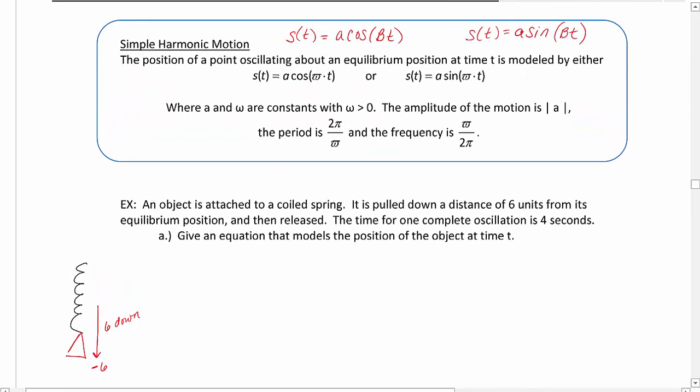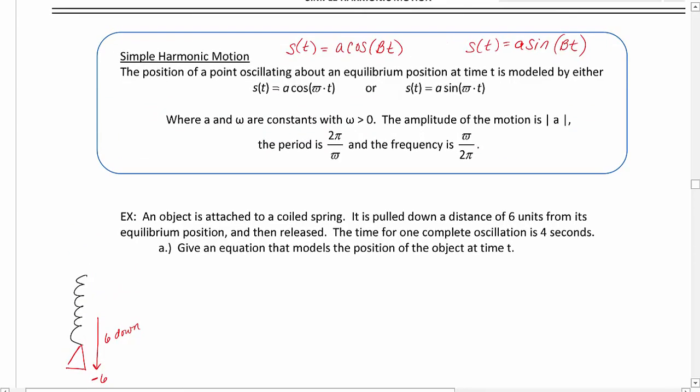When deciding whether you want to use the sine or cosine function to write your harmonic motion, you want to think about where your object is starting. Our object has been pulled down, so it's not starting at the equilibrium position, which would be 0. And if you recall, our sine function is the one that always starts at 0. So since we're starting at anything other than 0, it has to be a cosine function. With most of these harmonic motion functions, it is a cosine function.